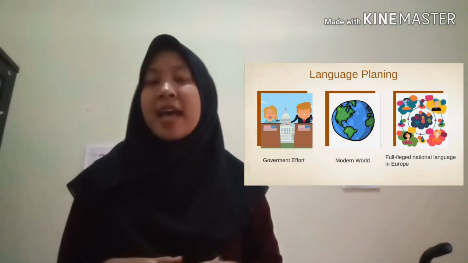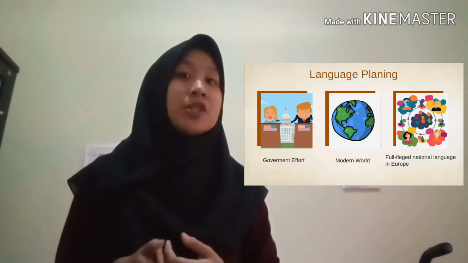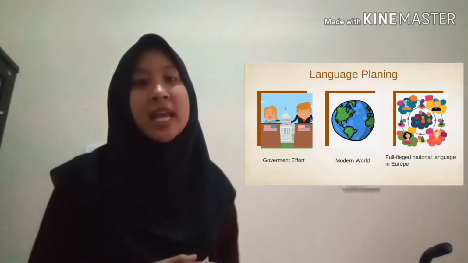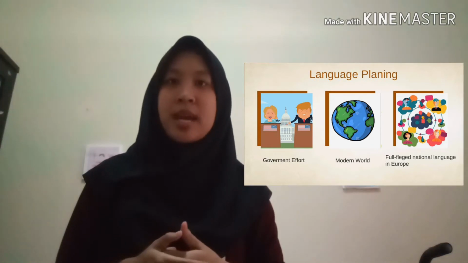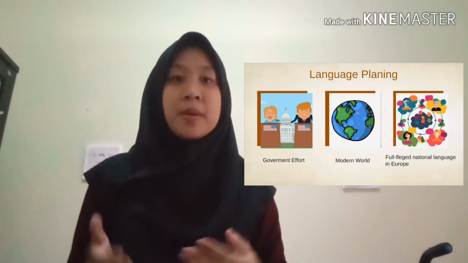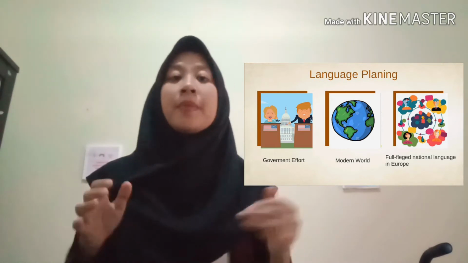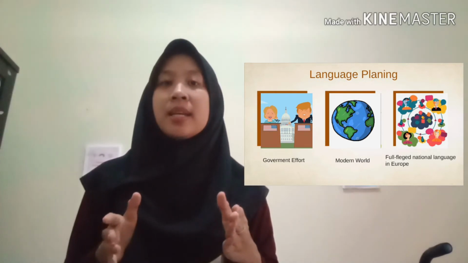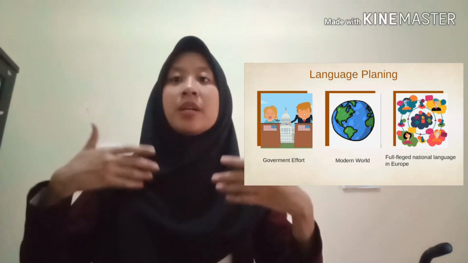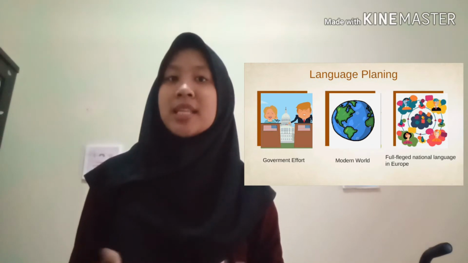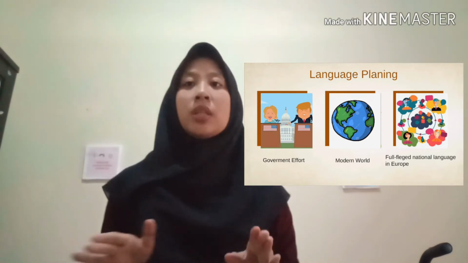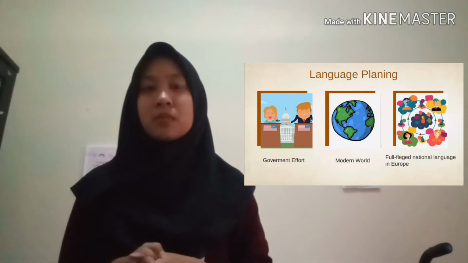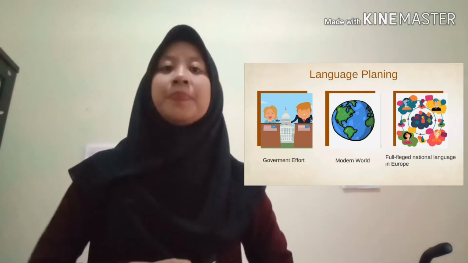Language planning has become a part of modern nation development because real trends in the modern world have made language and nation become a unity. For example, progress in Europe over the past 1,000 years has produced what are called full-fledged national languages, said Wardhaugh.